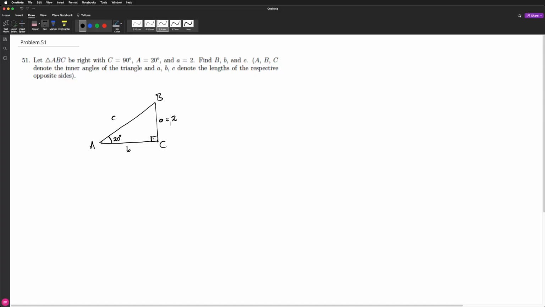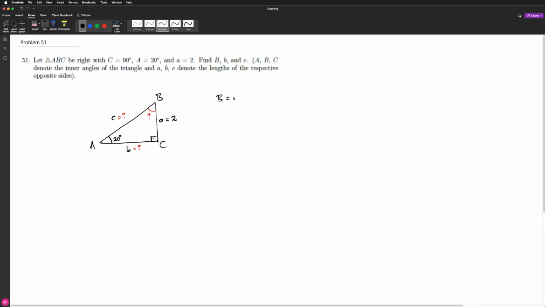All right, so what we don't know is C. What we don't know is the angle B. And what we don't know is the side B, right? Well, the angle B is easy.